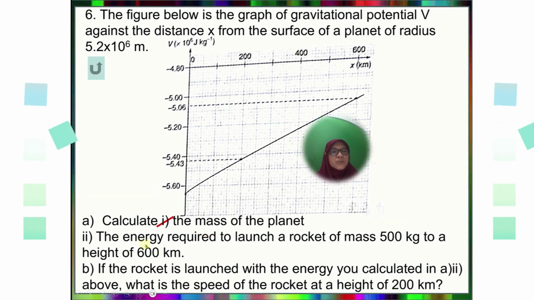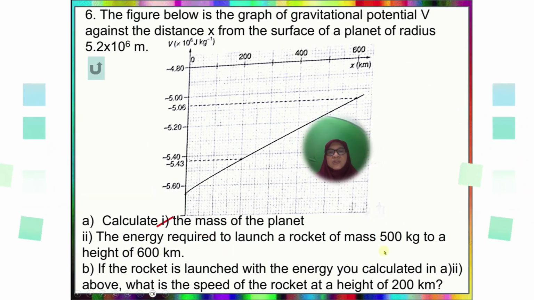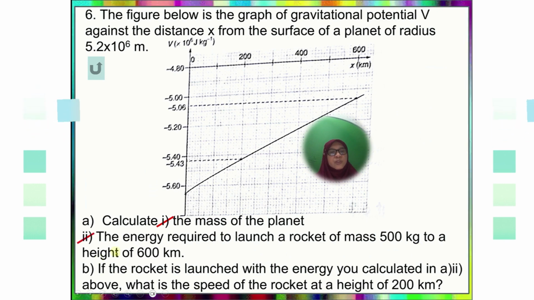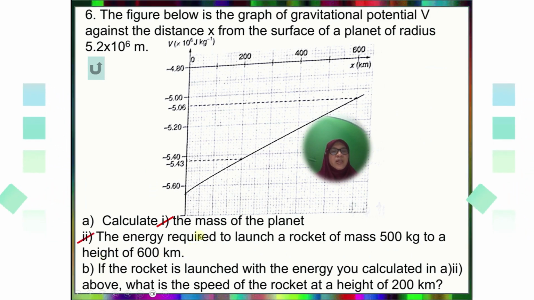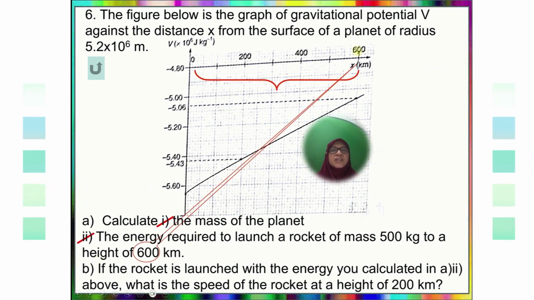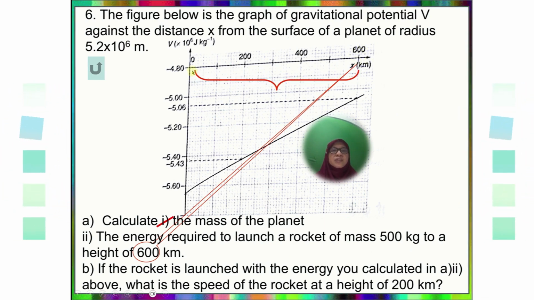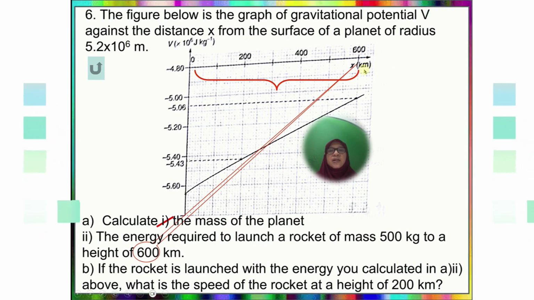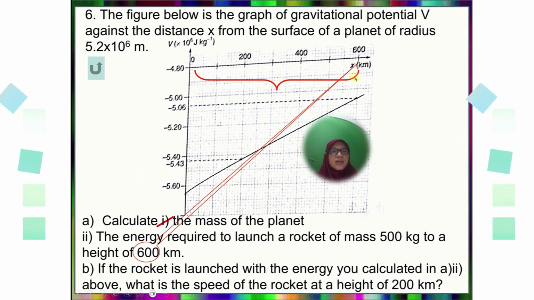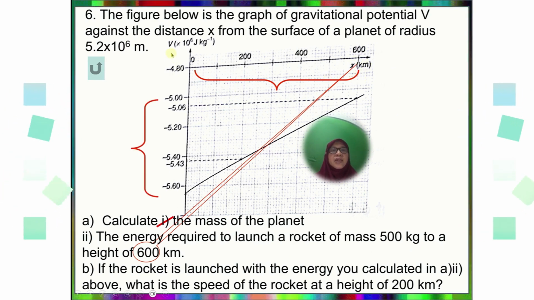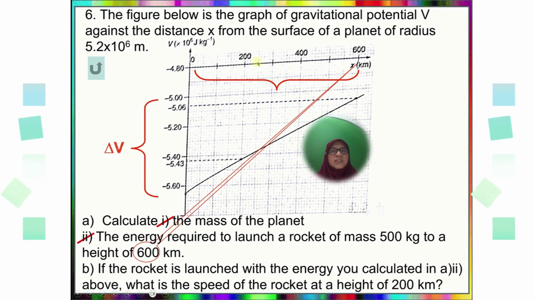A2, the energy required to launch a rocket of mass 500 kilograms to a height of 600 kilometers. So from the graph here, reading 600 from the surface 0 to 600, we read the V value. V is gravitational potential.